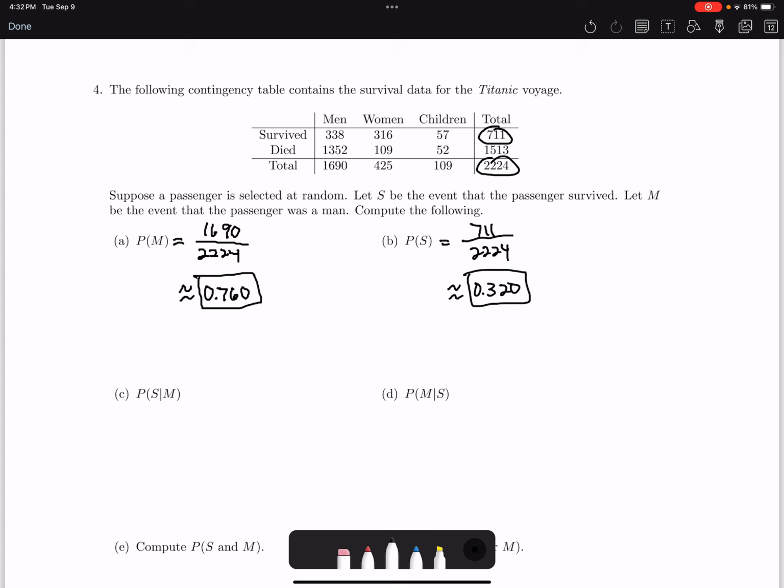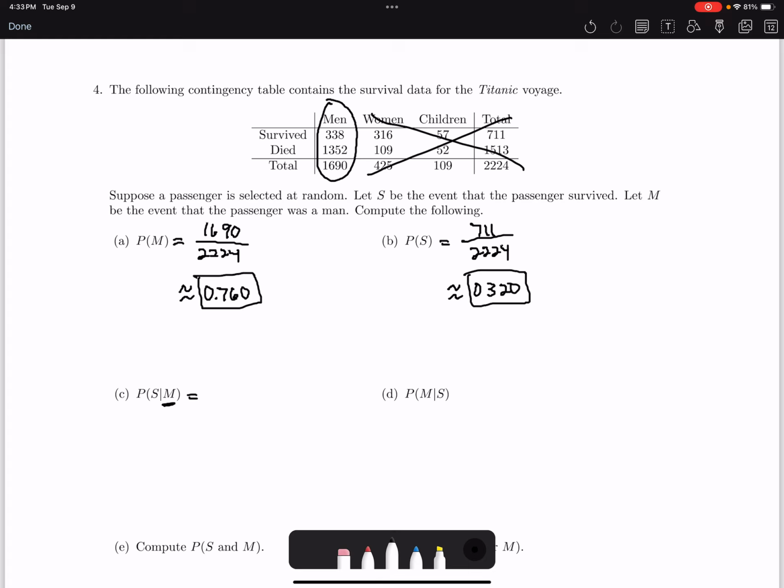Okay, let's look at part C. Part C asks for the probability the individual survived given that he was a man. So now we're restricting our attention to just the men on the ship, right? So just to these individuals. It's like the rest of the individuals don't even exist. Okay, so restricting our attention to just the men, what is the probability that the individual survived?